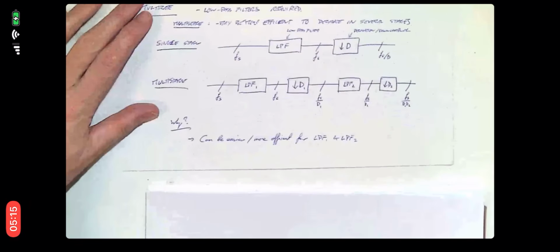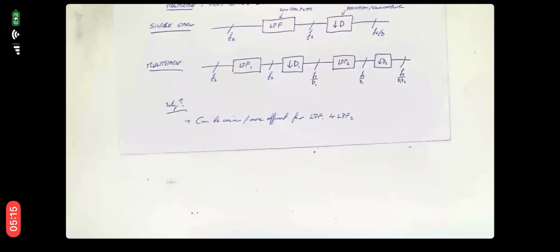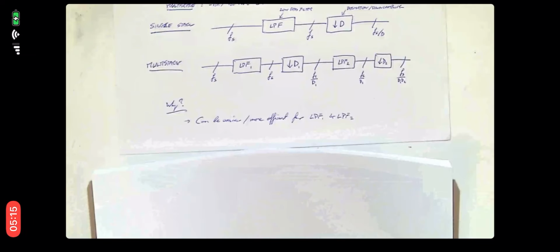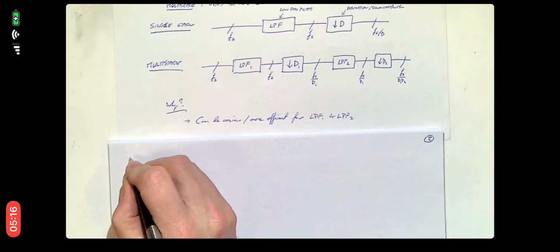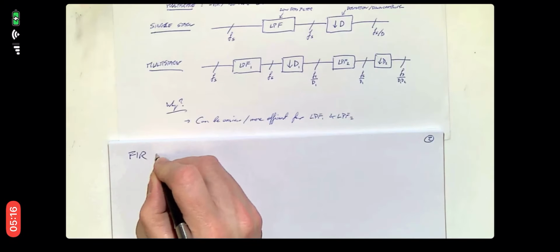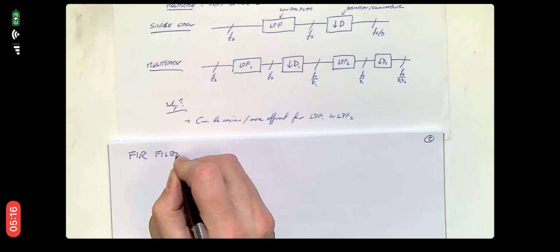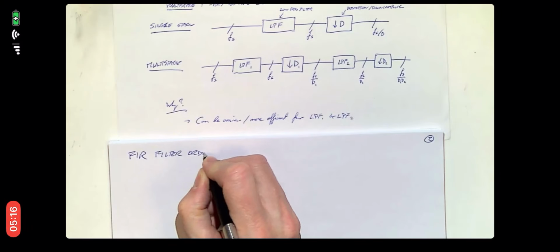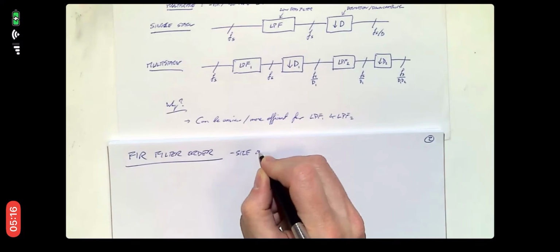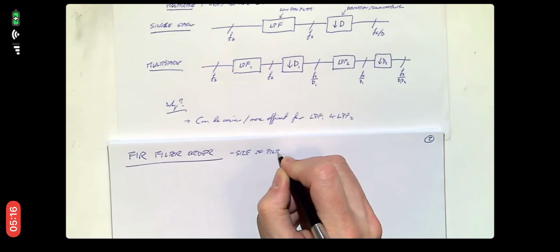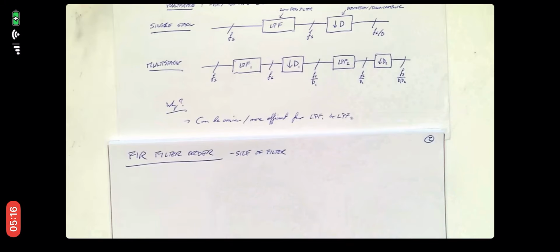So first of all, let's look at the type of filter that we're going to design and how we're going to estimate the sample rates for it. So for FIR filter order, so this is the size of the filter, we can design different filters with different windows. We did this a few weeks ago.